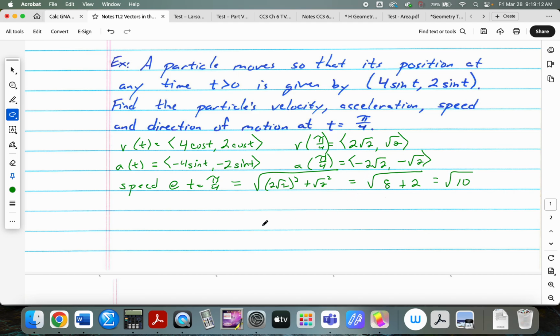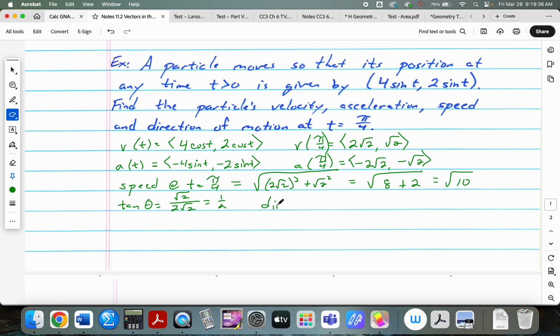So we know that tangent of theta is going to be the y-coordinate over the x-coordinate. You've done that before, yes? It is equal to a half.